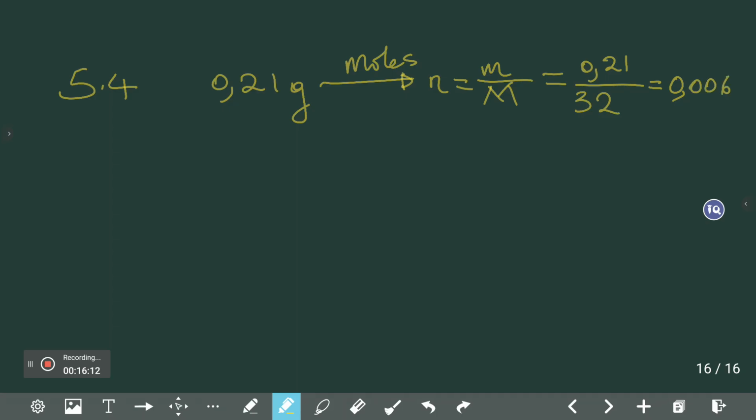Okay, now we want to calculate the reaction rate. 0,21 grams of sulfur, in grams per second.